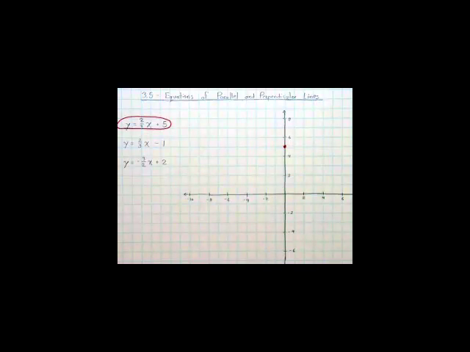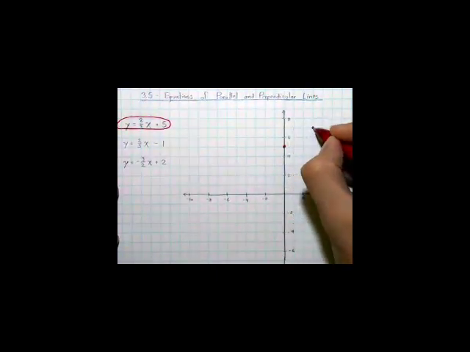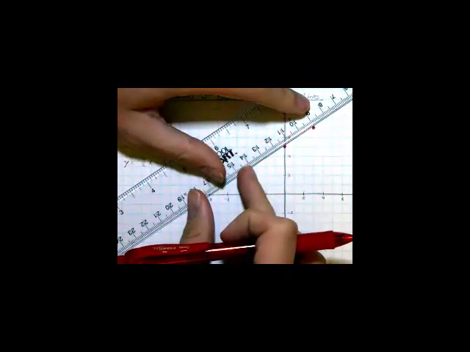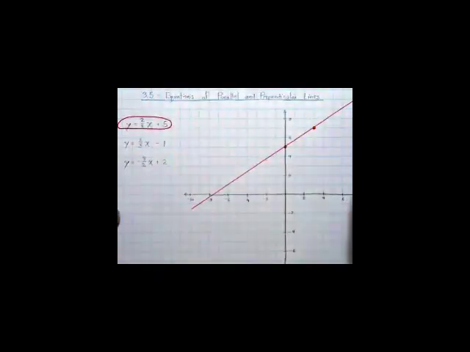Okay, so what that means is from that point, I can go up 2/3, and there's another point on the line, right? Okay, it's a rise over run thing with slope. Okay, so up 2, 1, 2/3, 1, 2, 3. There's another point that's on that line. And then using your ruler, you can make a nice, straight line across there. So something kind of like that. That's the first one.